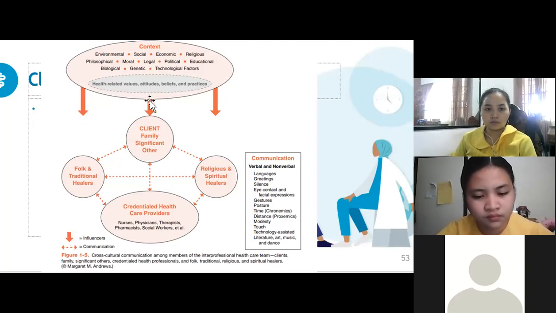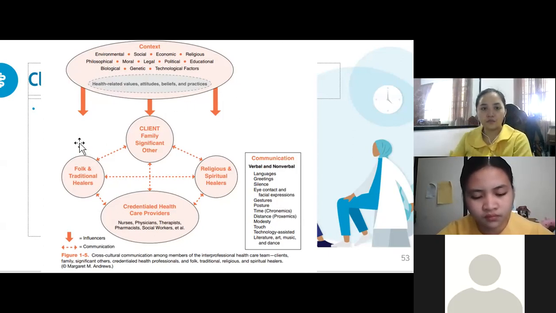And then itong mga arrows na to, these are what we call influencers. At our time ngayon, meron tayong tinatawag na mga social media influencers, no? But here, ang mga patients, o clients natin, meron din silang mga influencers. That influence factors yon kung bakit nababago yung nasa taas, health-related values. Bakit na-form yung kanilang ganong paniniwala?